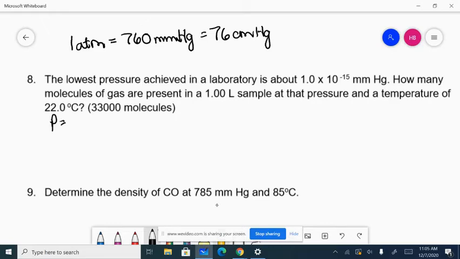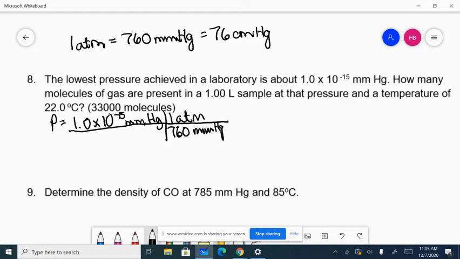Pressure is equal to 1.0 times 10 to the minus 15 millimeters of mercury. 760 millimeters of mercury in 1 atmosphere. How many molecules? This time we're looking for molecules.